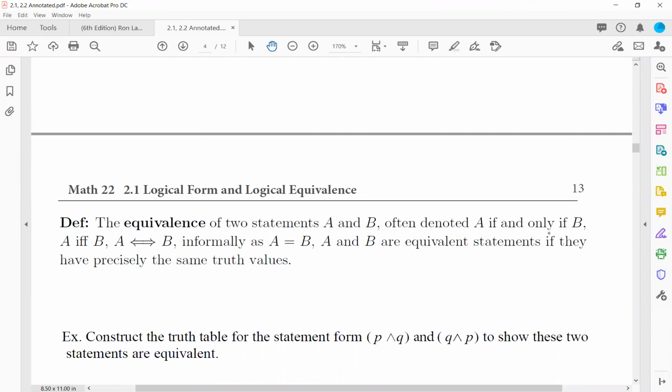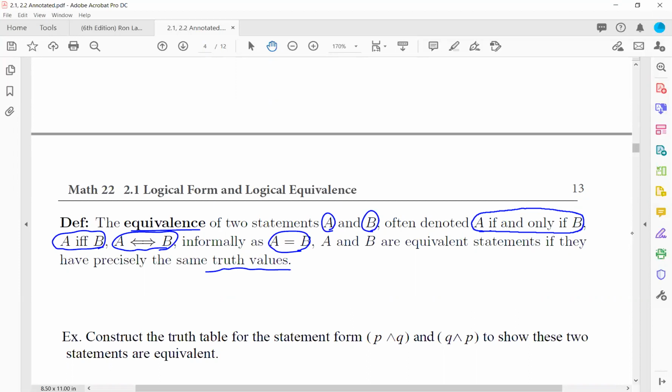We say that two statements, A and B, are equivalent to each other, or we say A if and only if B. We write A if and only if B. We can also write A double arrows B. Informally, A is the same as B if and only if they have the exact same truth values.